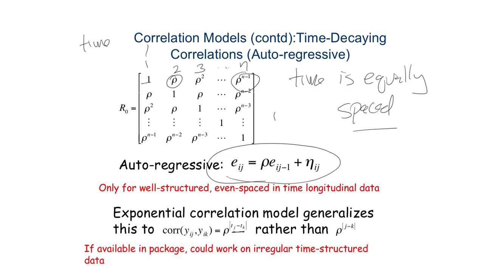So this one says the correlation is some function of the absolute value of the distance in time. So if I had time measurements at 10 minutes, an hour, 2 days, etc., it would assume the correlation is rho raised, probably with some constant, I would guess. It could turn into a 2-parameter family, raised to some absolute difference in the time, which allows for unequal time.